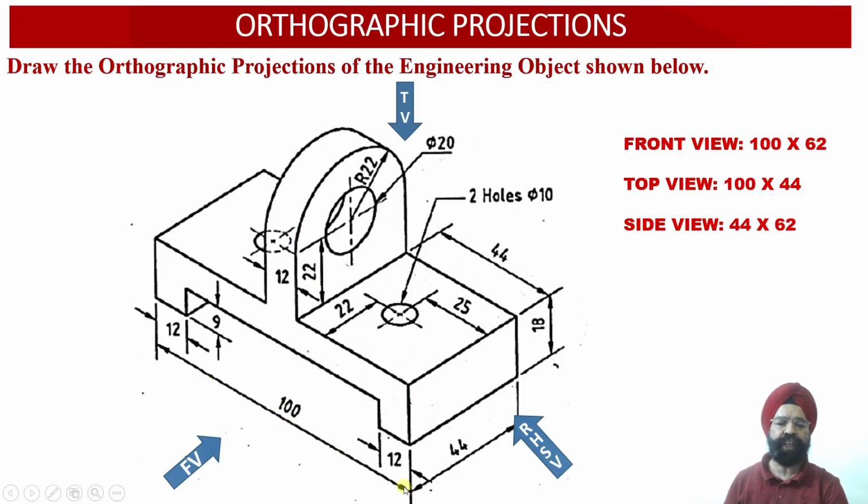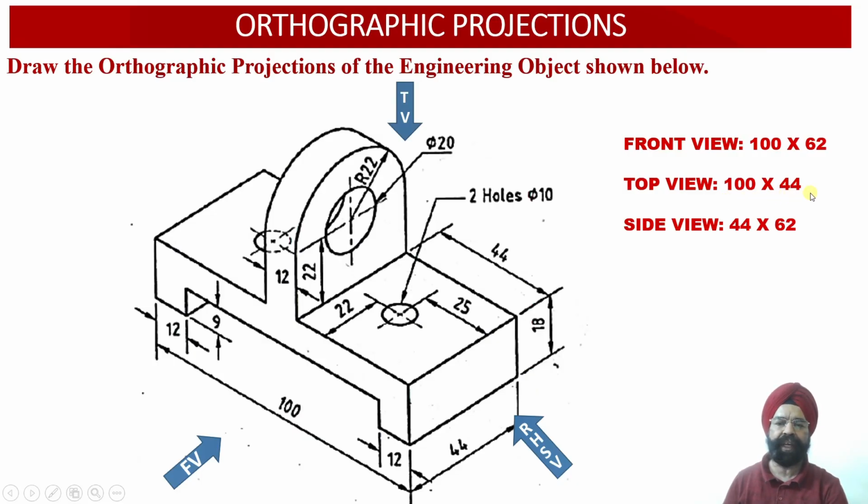So the front face of the solid will measure 100 millimeter width and 62 millimeter height. When the observer looks at the solid from the top, we observe that the width of the solid is equal to 100 millimeter, while the depth of the solid is equal to 44 millimeter. So the top view face of the solid will measure 100 millimeter width and 44 millimeter depth.